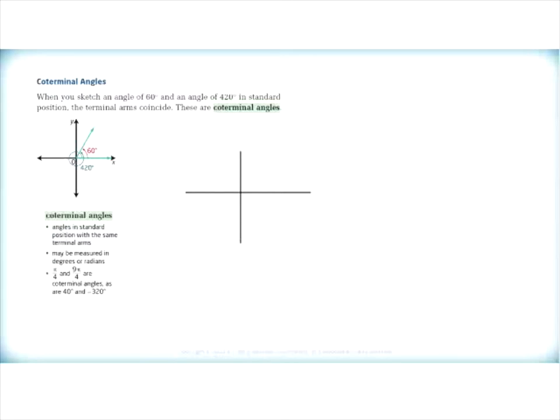Pi over 4 is 45 degrees. That's approximately right here. 9 pi over 4 is an angle measured in the positive direction. And if we rotate 9 pi over 4, we make one complete revolution. That is 8 pi over 4, because remember, this here is 2 pi.